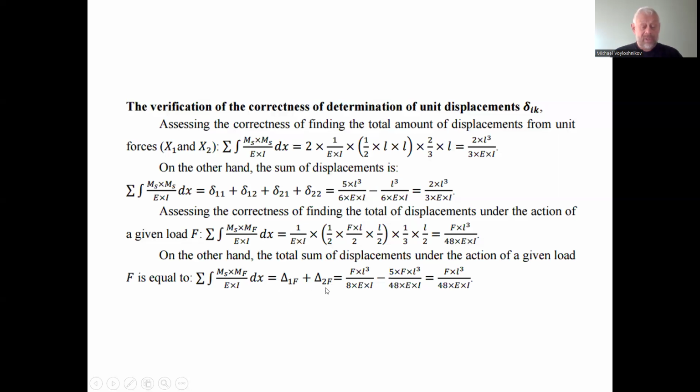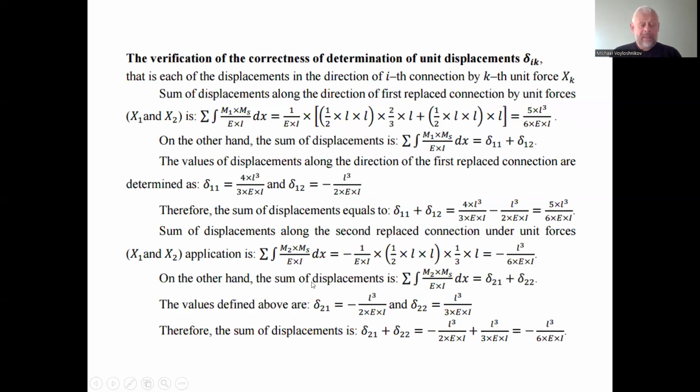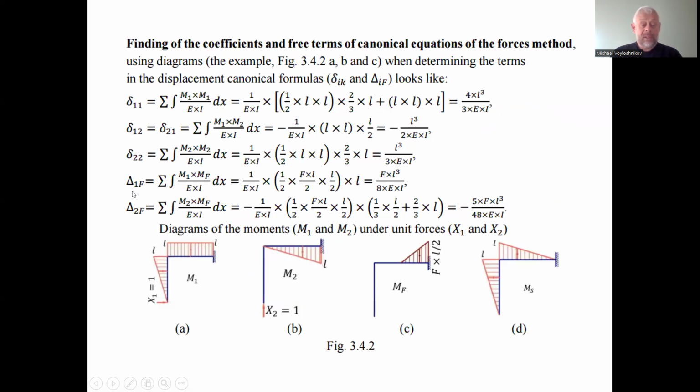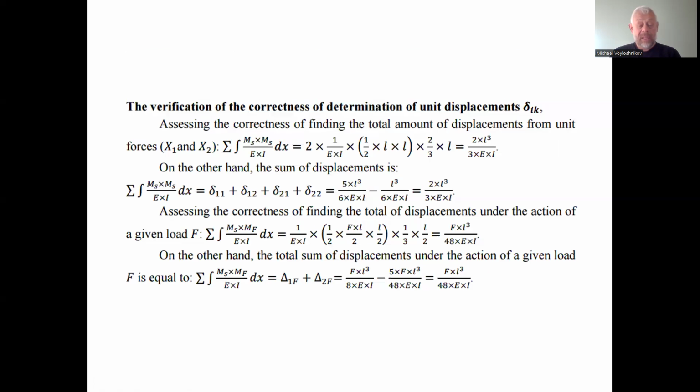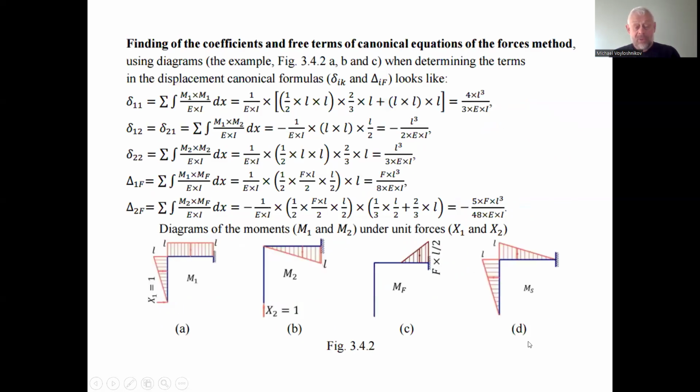This is the total of these two directions, delta uppercase 1 under force F plus delta uppercase 2 under force F. And we have got here delta uppercase under force F. But to do the check, to verify the correctness of finding delta uppercase, we can consider this direction and use the diagram obtained as the total of the diagrams of bending moments under unit force 1 and unit force 2.